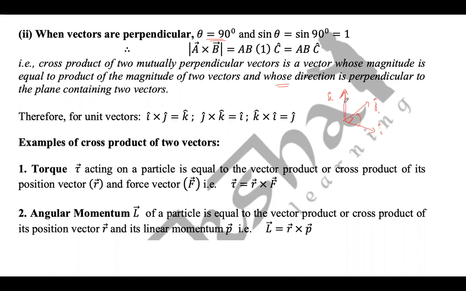So this k cap is perpendicular to both I cap and j cap. So I cross j will be k, j cross k will be I, and k cross I will be equal to j. You can check it by the right hand thumb rule, by drawing the three rectangular coordinate axes.